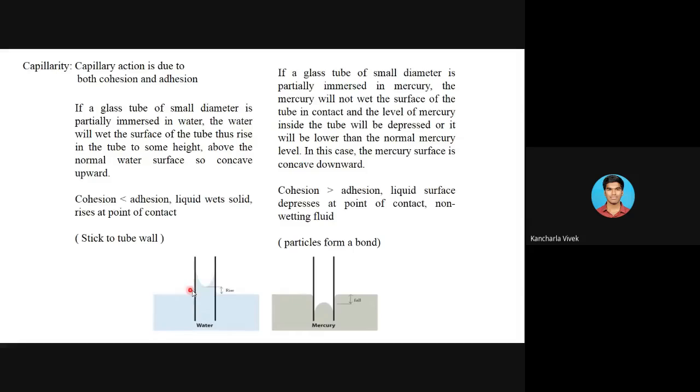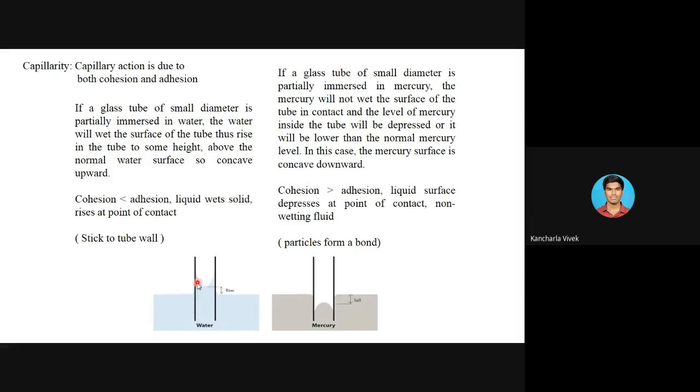So if a glass tube of a small diameter is partially immersed in water, the water will wet the surface of the tube. What is happening here? Water is wetting the surface of the tube. So it is adhesive force, because the water molecules near the wall are sticking.